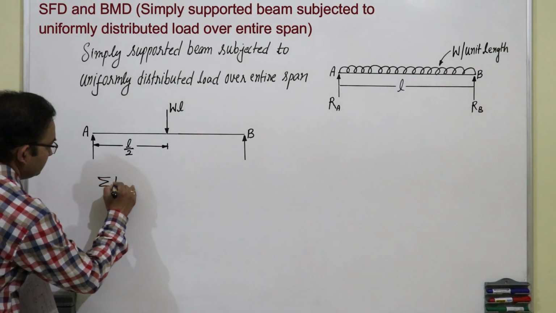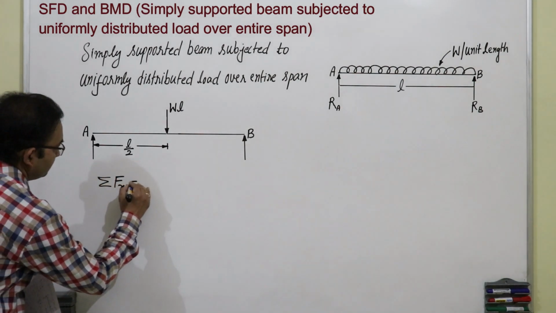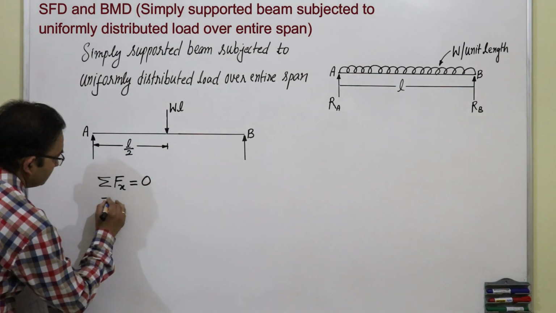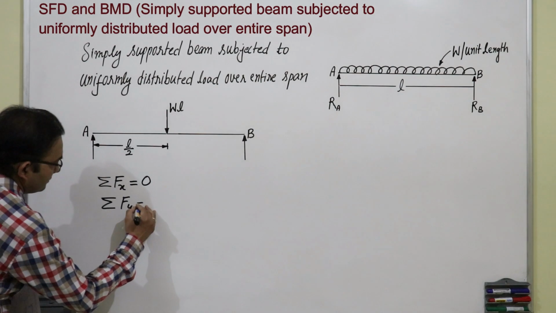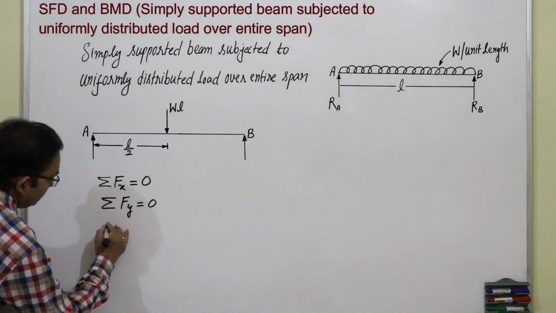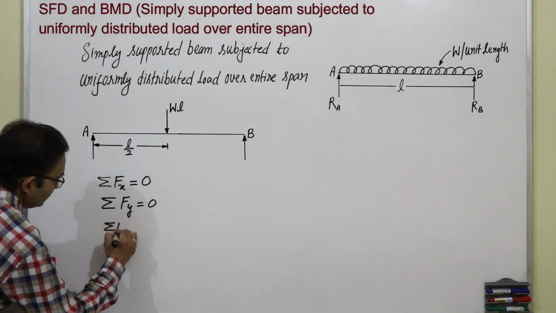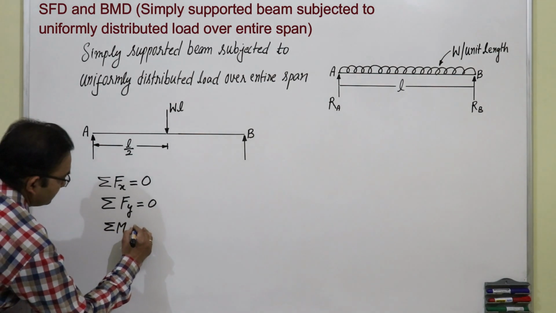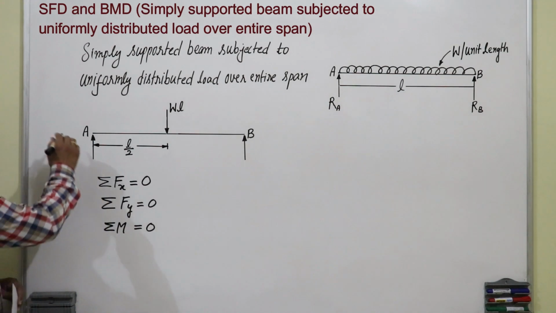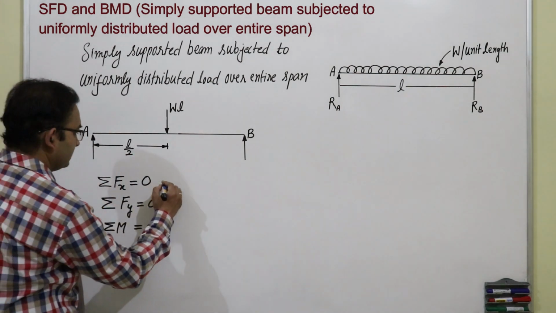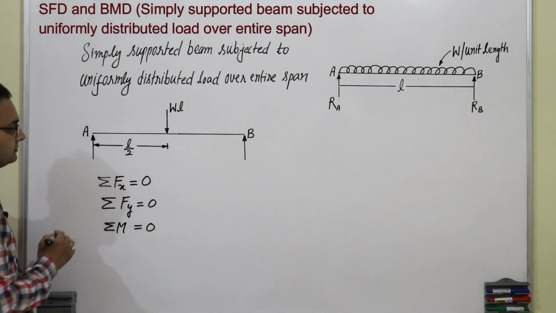So, the condition of equilibrium is sum of horizontal force equal to 0, sum of vertical force equal to 0 and sum of moments should be equal to 0. As there is no horizontal force, so it is 0.